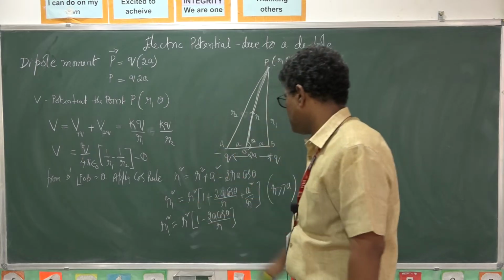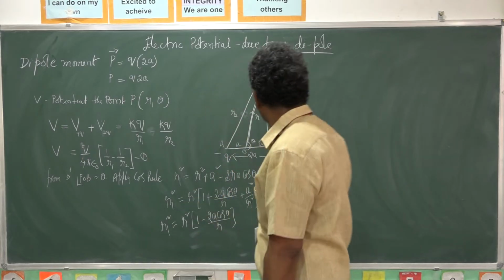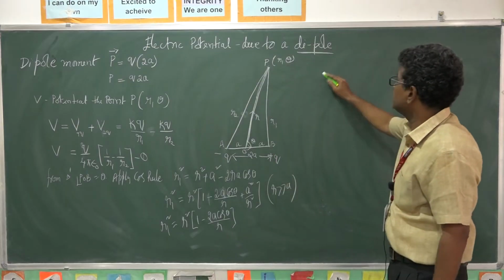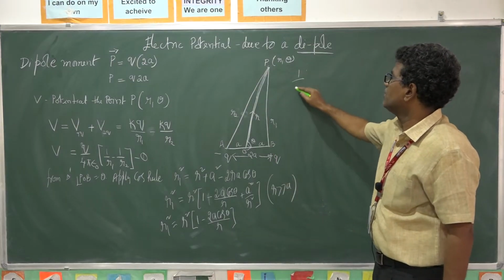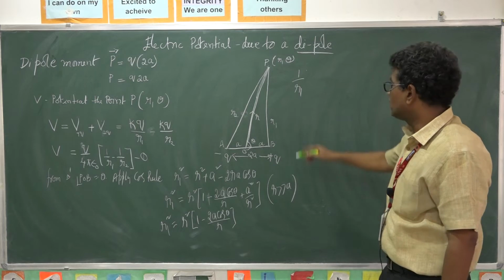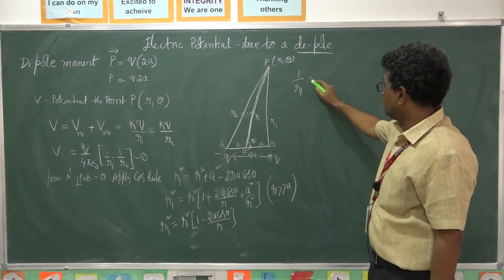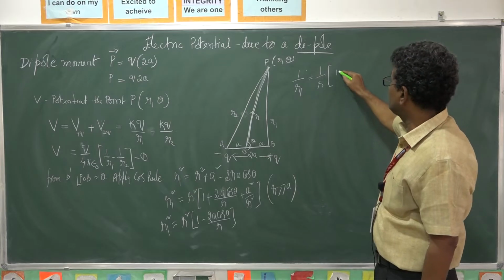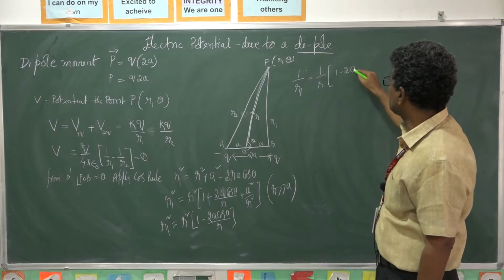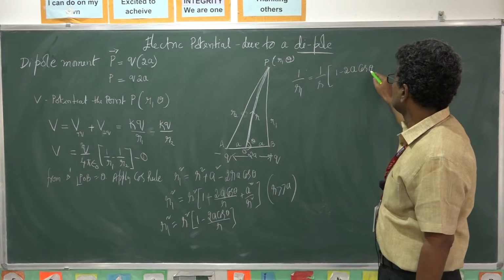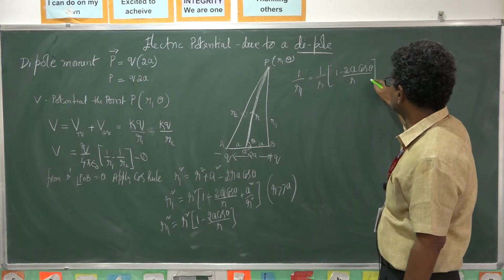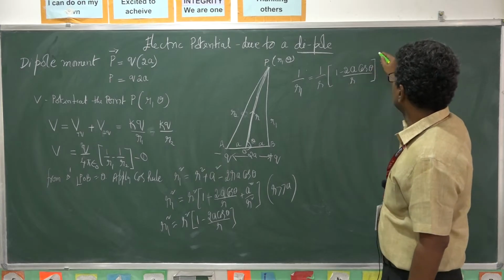From this, 1 by R1 is equal to 1 by R into 1 minus 2A cos theta by R, whole power under root, minus half.